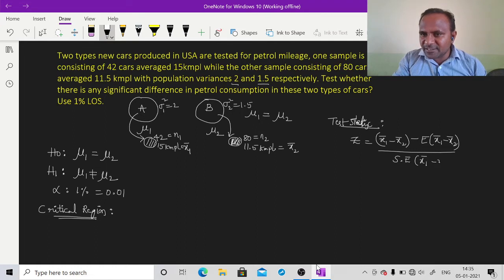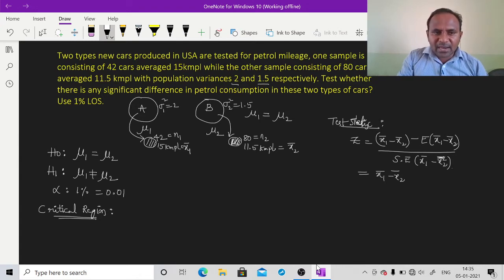Your interest is in the difference of means, so I'll take x1 bar minus x2 bar. As we already know, the expectation of x1 bar minus x2 bar will be mu1 minus mu2. But we have taken the null hypothesis that there is no significant difference, like mu1 is equal to mu2, so that gives you 0 here. So I need not take it.